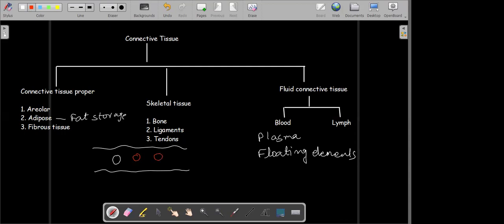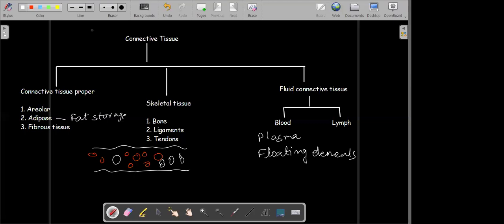You find a number of RBCs floating in the blood vessel, and a number of WBCs also floating in this. So blood is made up of plasma and floating elements.